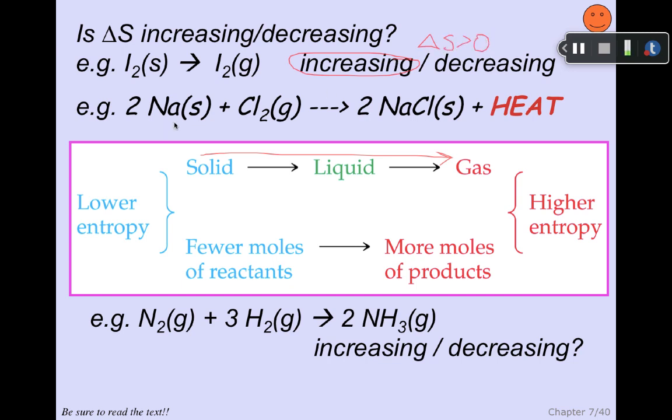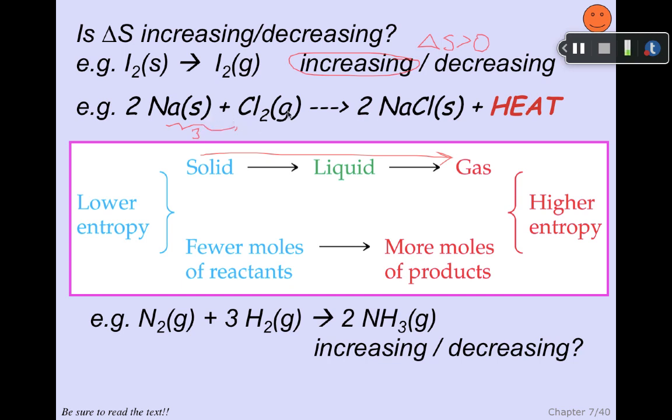The next example is sodium solid with chlorine gas reacting together to make sodium chloride, giving off lots of heat. This one is a little bit different because you have two substances combining to make one, and you have in fact 3 moles to begin with, and the result is 2 moles.